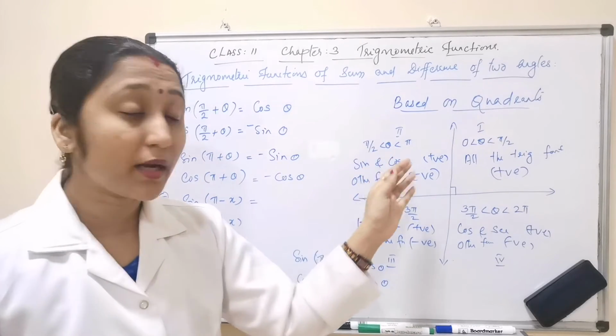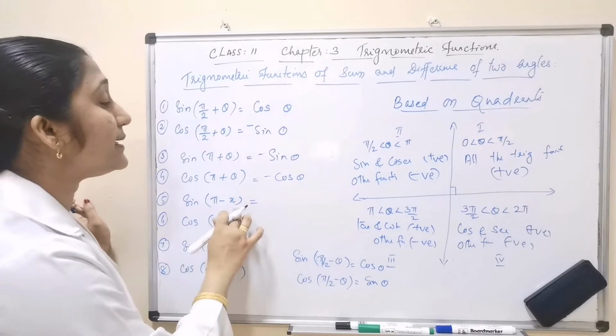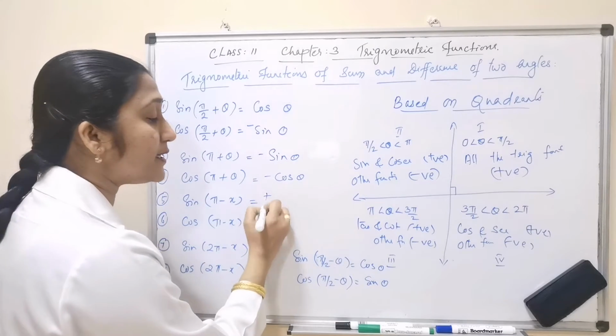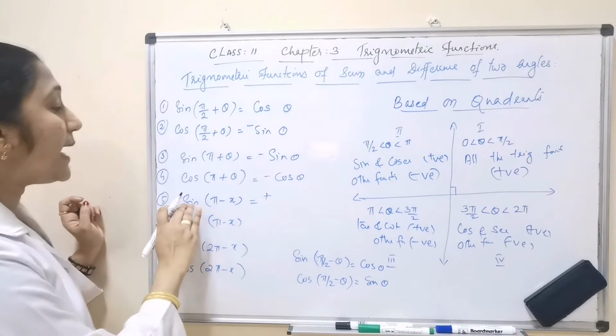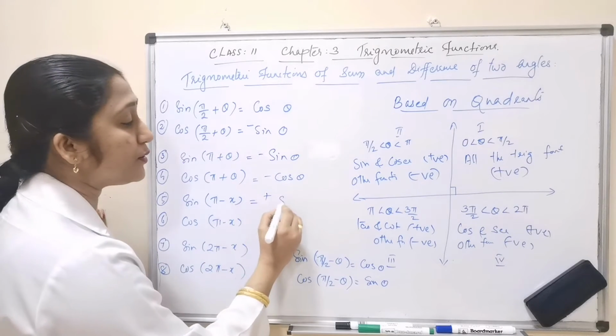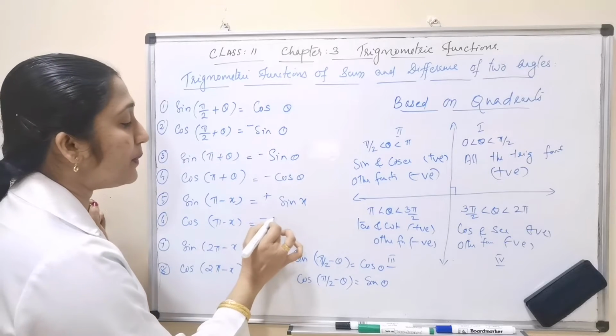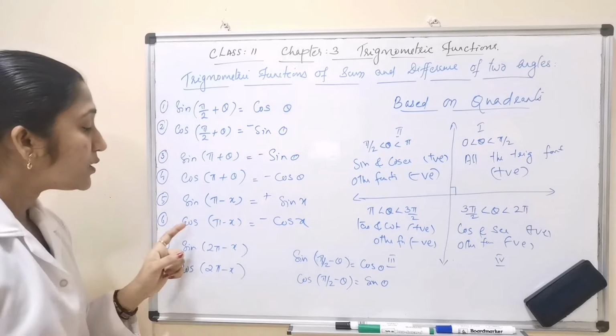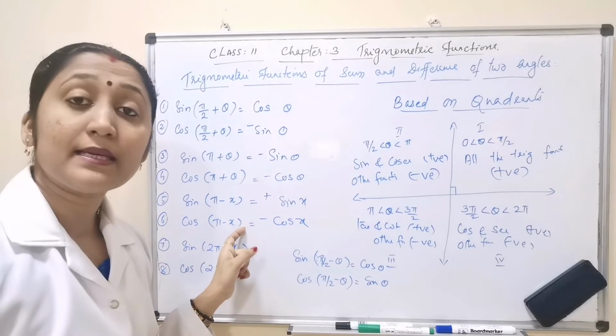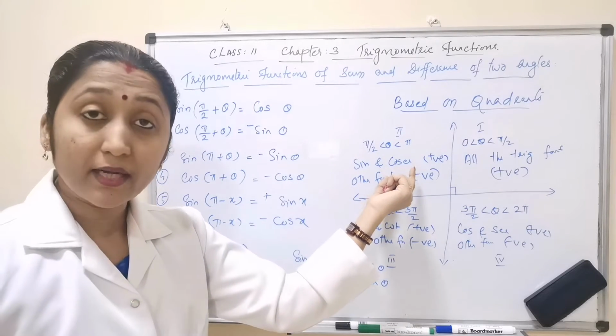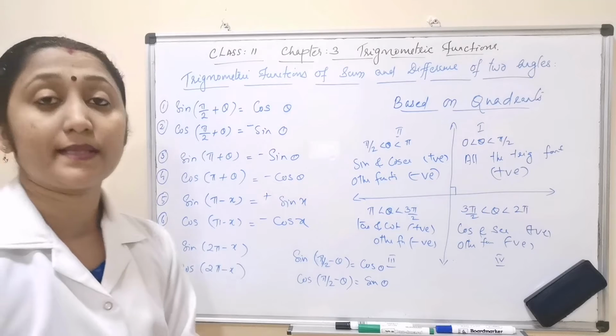So sin of 180 minus theta is positive, that means it is plus. Okay, so sin of 180 minus theta is equal to sin x, and cos of 180 minus theta is equal to minus cos x. Cos is negative here, that is why minus cos x.